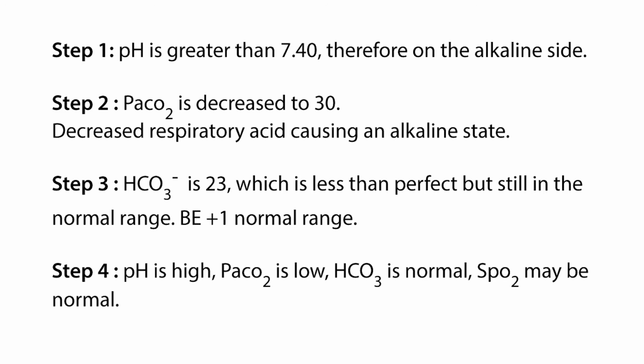PaCO2 is low, pH is high, bicarb is normal, patient is exhibiting a rapid respiratory rate with deep breaths. SpO2 may be normal as the patient is breathing very rapidly but effectively. However, when the respiratory rate is very rapid, there is less time for oxygen diffusion, so it is possible that the patient's oxygen levels may decrease.